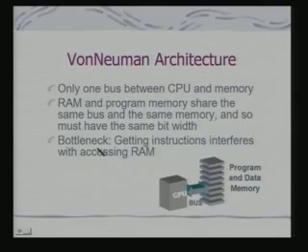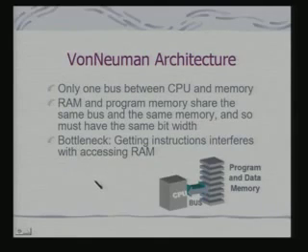We can get a bottleneck because getting instructions may interfere with accessing RAM for data. So, I need to have distinct cycles on these buses for getting instructions as well as getting or writing data. The other typical feature is that we have the same buses and hence the instruction and the data word are typically of the same bit width.